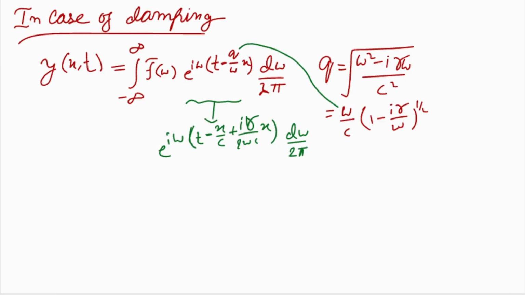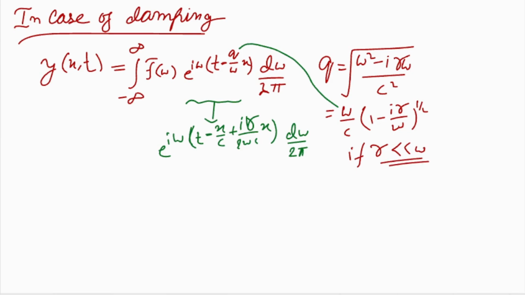Now you must be wondering what we are doing. We didn't arrive at q like this, right? Well, yes, we have just made a little assumption that gamma is much less than omega.